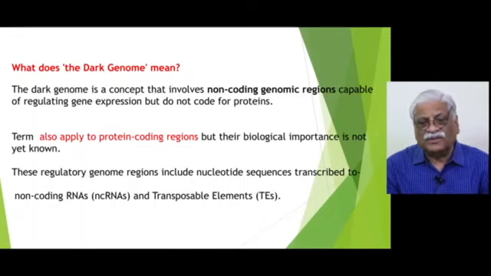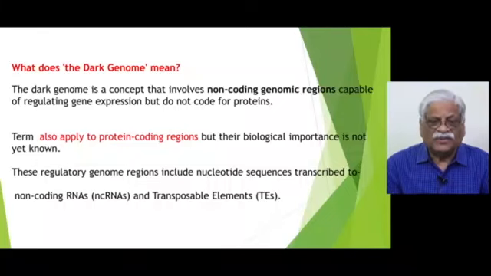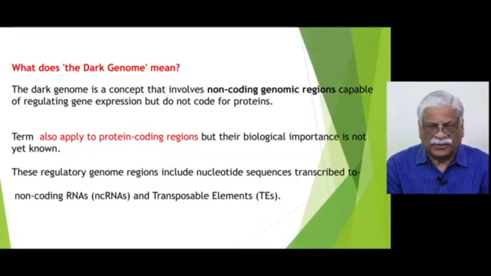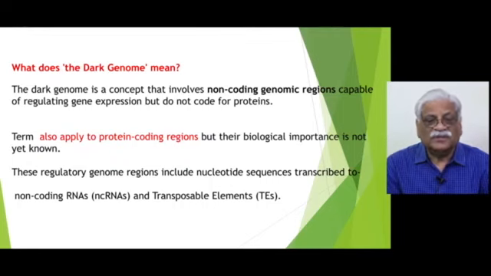Well, if you see in terms of the function of a gene, the non-coding genomes are those which are not related to the function of a gene to synthesize the protein sequence. But they function as regulatory regions, and basically they regulate the gene expression.